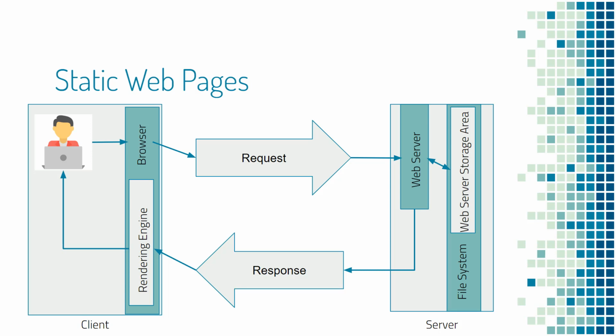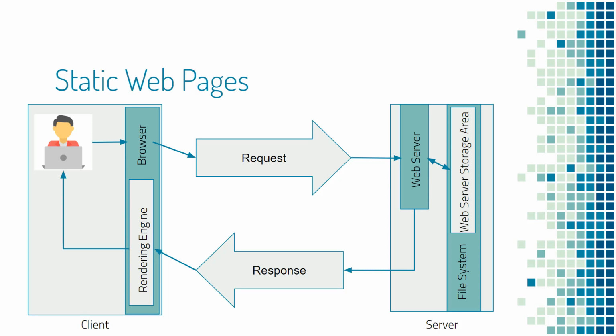Most of the time, we use this model when we don't need many updates, or we don't have interaction with a database. Let's say company A has a portfolio website.